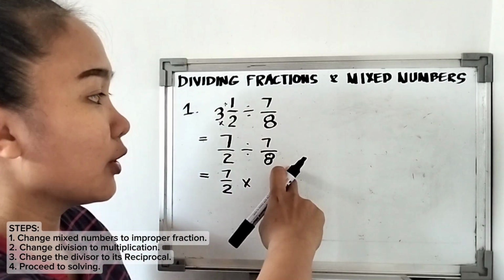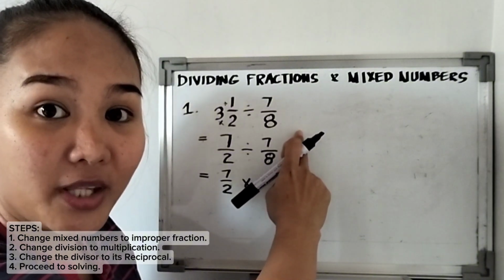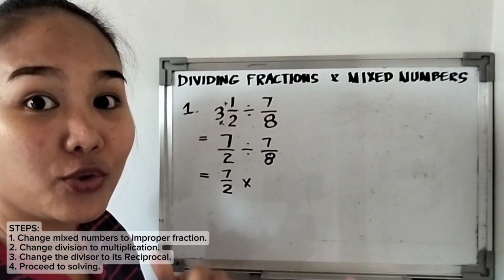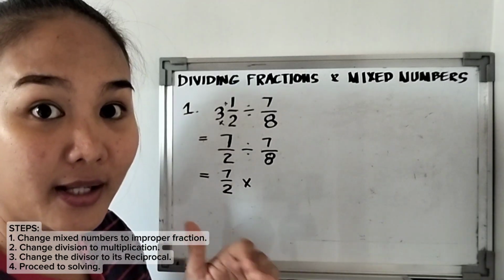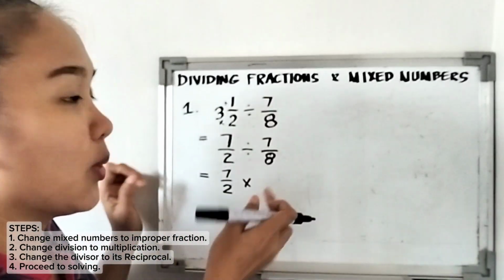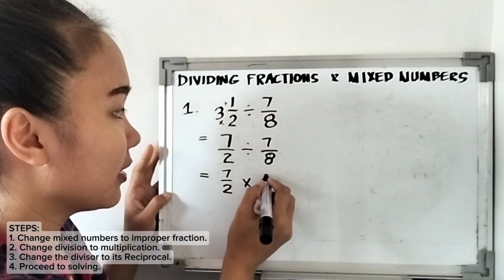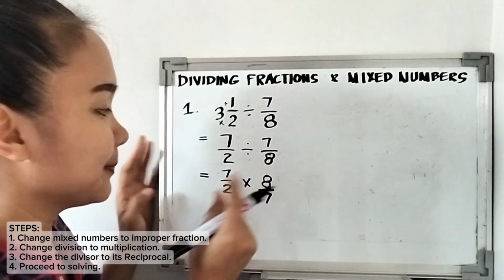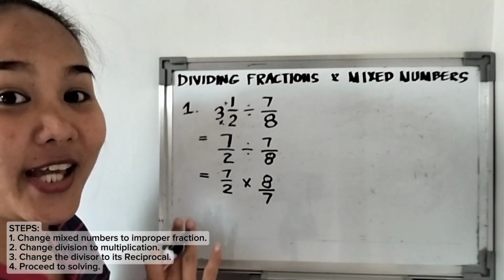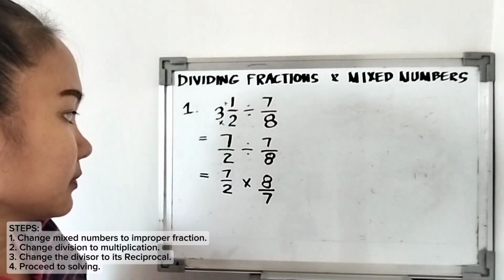The numerator will become the denominator and the denominator will become the numerator. So you reciprocate, you take the opposite. So what is the reciprocal of 7/8? It's very easy. 8/7. And now we can proceed to our operation.